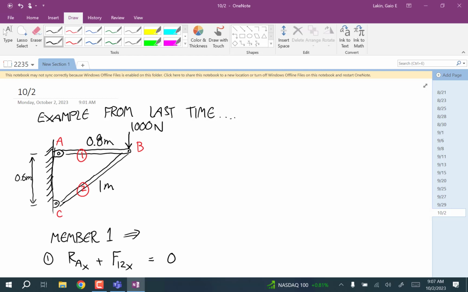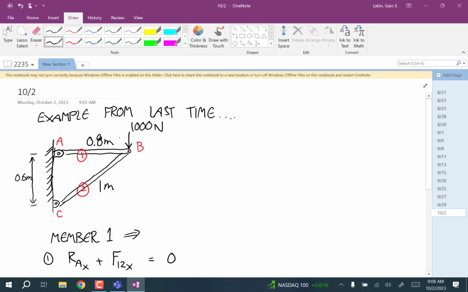If the problem looks to you like 1,000 Newtons is applied to body 2 for some reason, that's fine, do that.